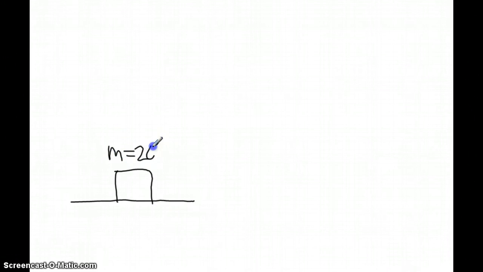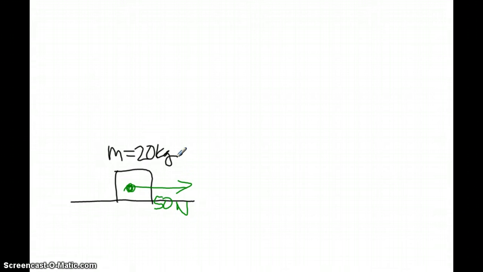So here we go. First thing is draw a picture. What's the mass of it? 20. 20 kilograms, good. And what does our free body diagram look like? 50 Newton force, good. Acting to the right, I guess.